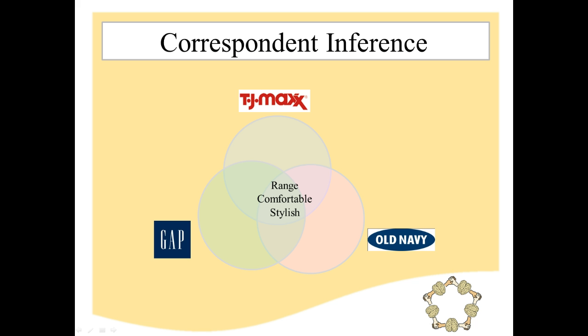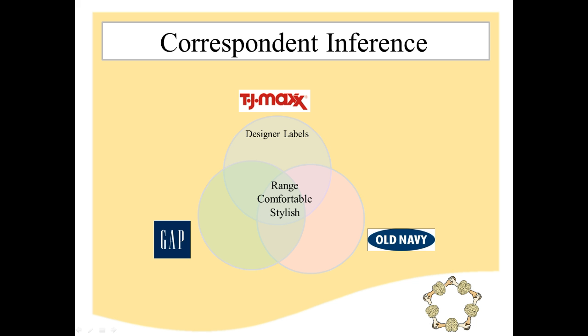But then let's say a person decides to shop at TJ Maxx. They had the option of shopping at all three, but they've chosen to go with TJ Maxx. So we have to ask ourselves, what's unique about TJ Maxx? This is perhaps the only store that offers designer labels.